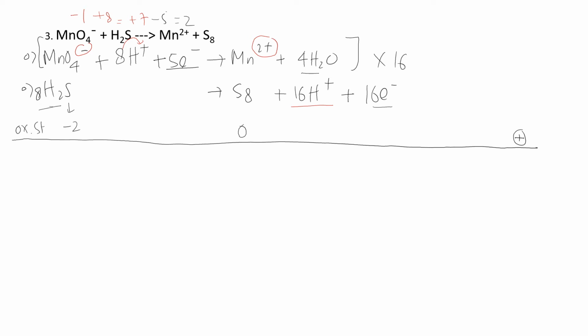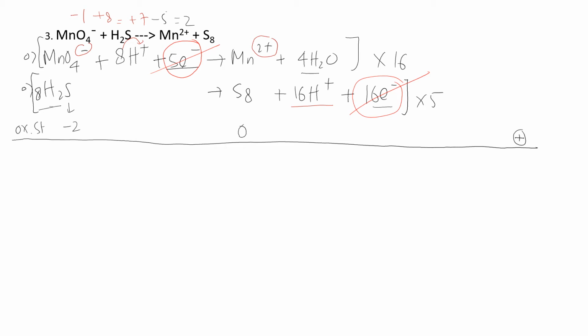That's the fastest way. Here times 5. So the number of electrons, 5 times 16, here 16 times 5, cancel out all. Then we add these two equations into one, left and left, right and right.